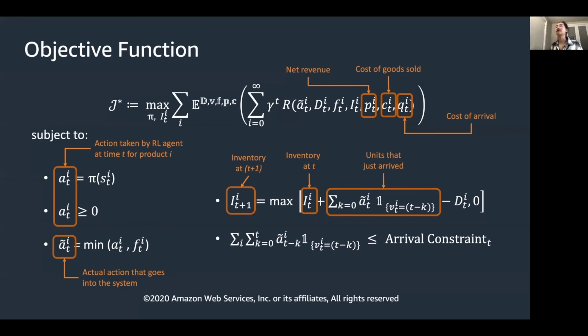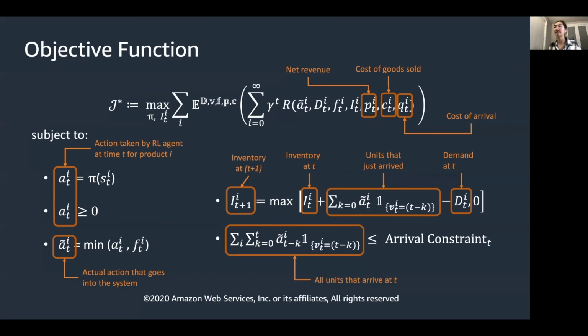The summation is over k, where k starts from 0, meaning that the product has 0 lead time, up to t as the maximum value, meaning that the order was placed at the beginning of the rollout. And D here is the demand at time t for product i. Therefore, the inventory at t+1 is the maximum value of all the products that you have on hand minus the demand at t. We also demonstrate a sample constraint here, meaning the arrival constraint at time t. The left-hand side denotes all units that arrive at t.